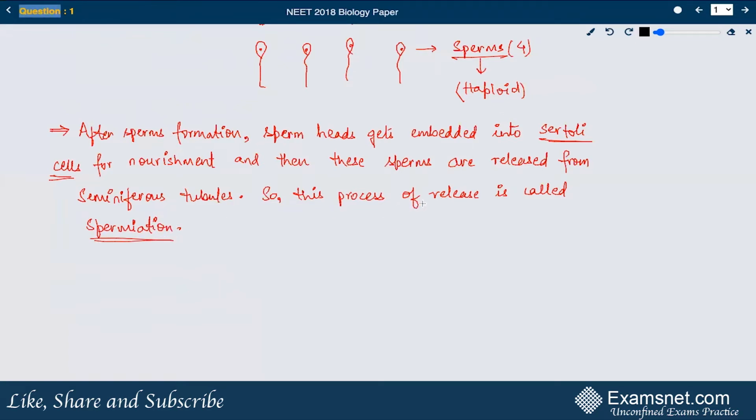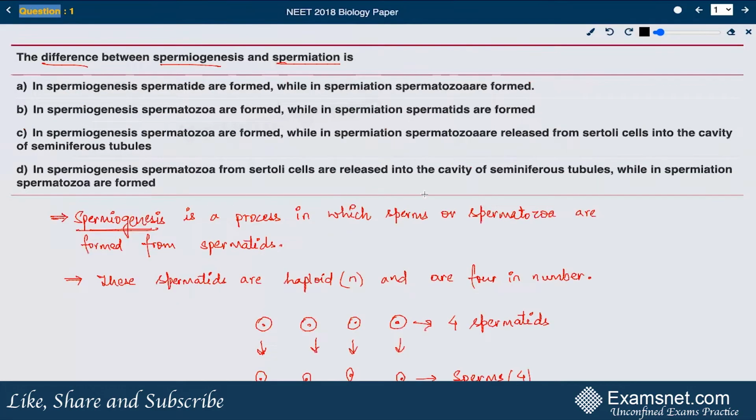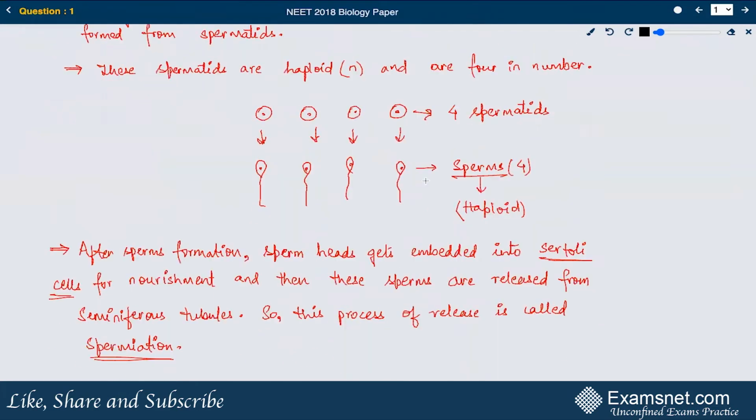So let us take a look into the statements that have been given over here. The first statement is that in spermiogenesis, the spermatids are formed, while in spermiation, the spermatozoa are formed. Now, this is a completely wrong statement, as we have seen above. This is just the exact opposite.